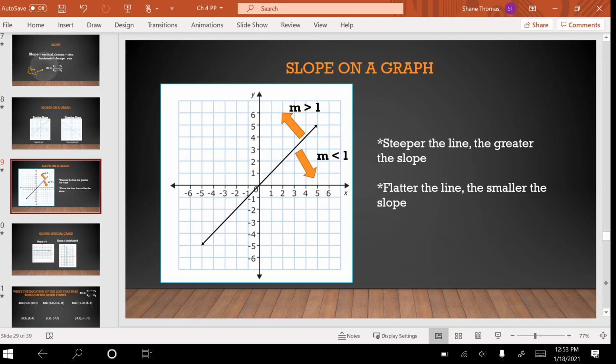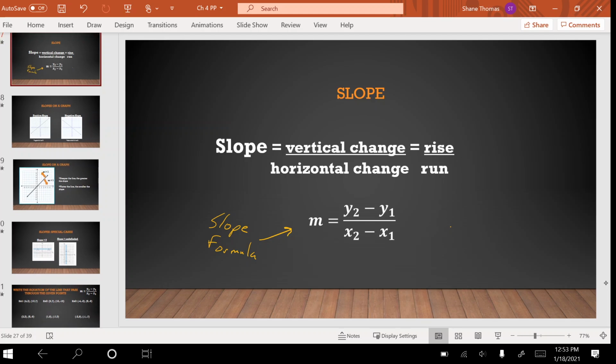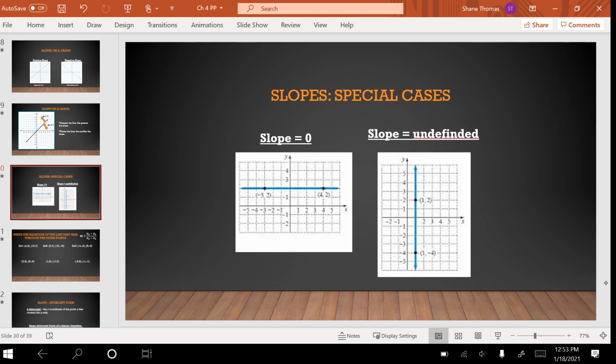Okay. So flip back to here real quick. And then here's the last one, special cases. Okay. So horizontal line. And this one is a vertical line.